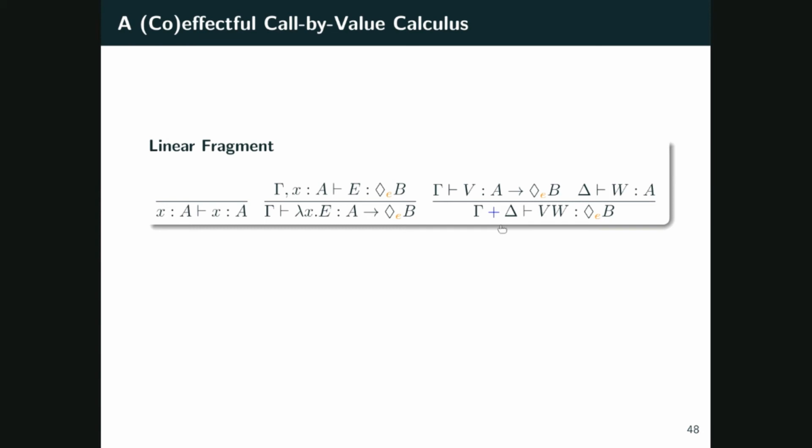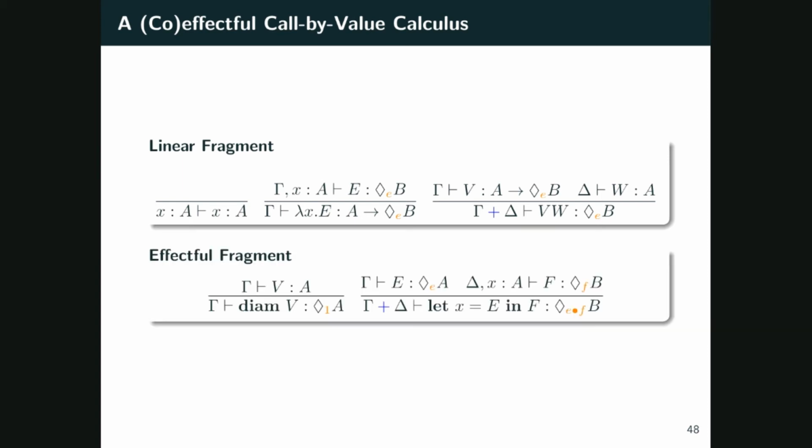And this is done by extending the coeffectful sum, the resource sum, to environments pointwise. So that's the natural way to go. And the effectful fragment remains pretty much the same for now. I will comment on that in a moment, but for now it remains pretty much the same.